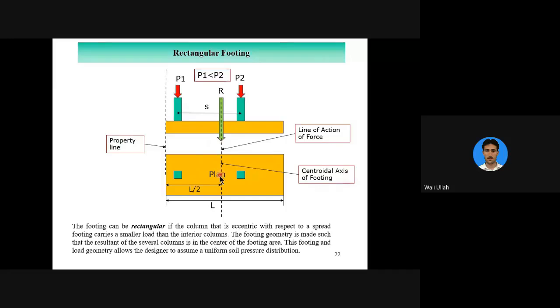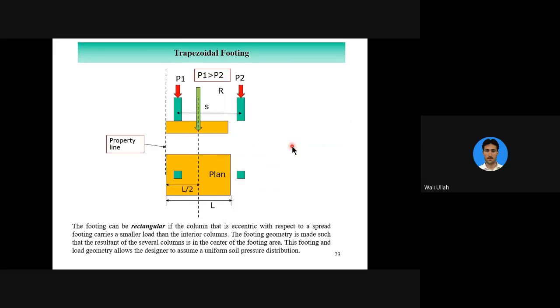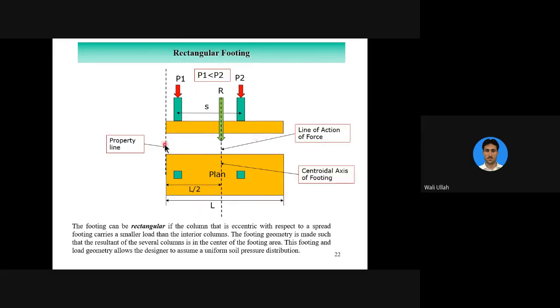In this case, there will be no moment generated, because the line of action of the resultant passes through the centroid of the footing. And it would have a uniform pressure distribution below the footing.